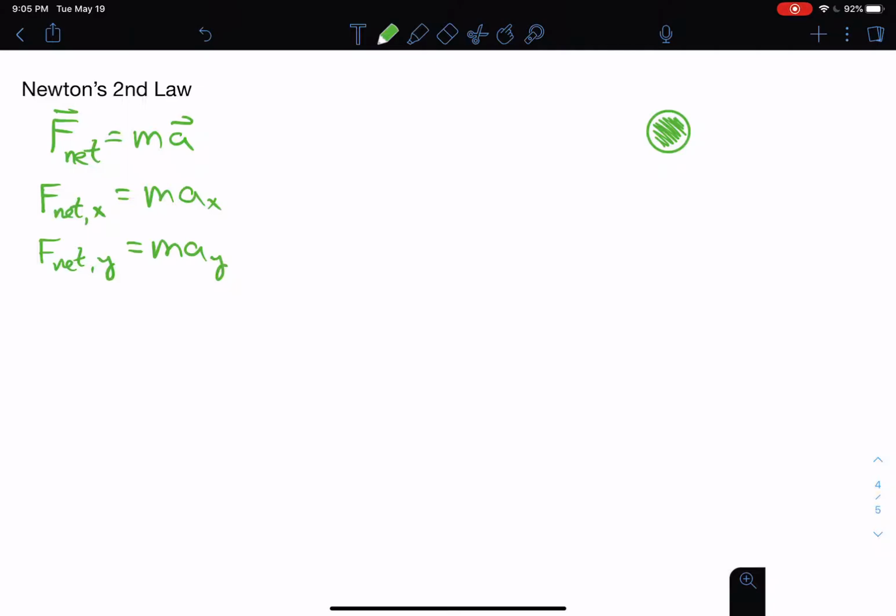But there's actually quite a bit more to it, and it all has to do with the net force. When we say the net force, what we really mean is the total of all the forces acting on the object.